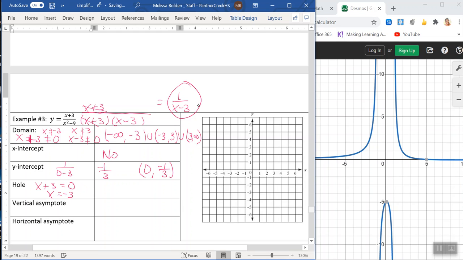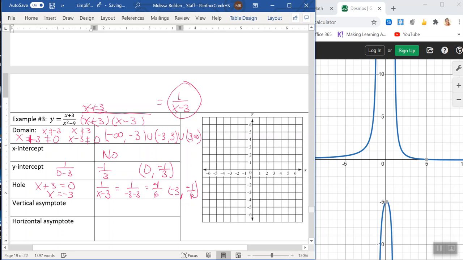To see that, we go back to the simplified expression, 1 over x minus 3, and substitute in -3 for x. So my hole is at 1 over -3 minus 3, which is -1/6. That's the y value. So my hole is at x is -3 and y is -1/6.